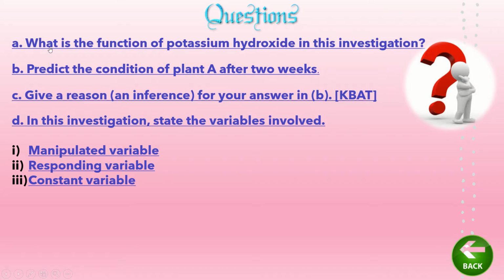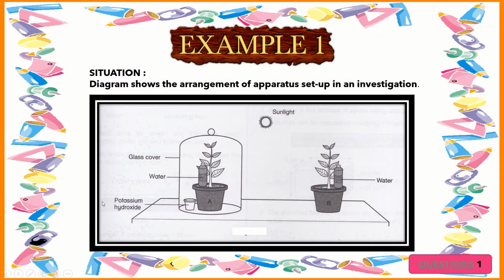Question A. What is the function of potassium hydroxide in this investigation? Let's go back to the question. This is the diagram. You may see that this is plant A and this is plant B. Can you observe that plant A has potassium hydroxide and plant B is free of potassium hydroxide?